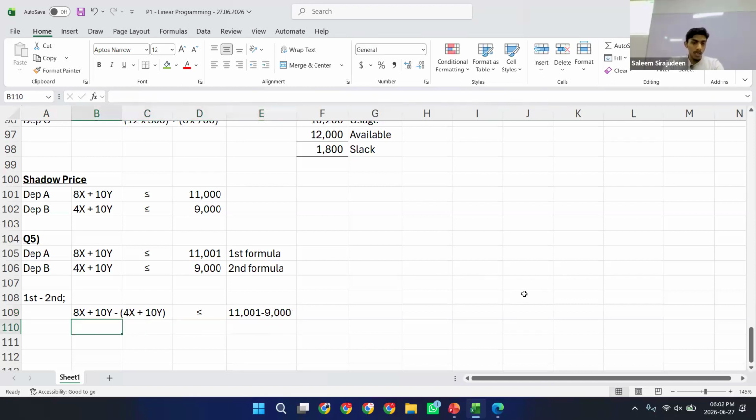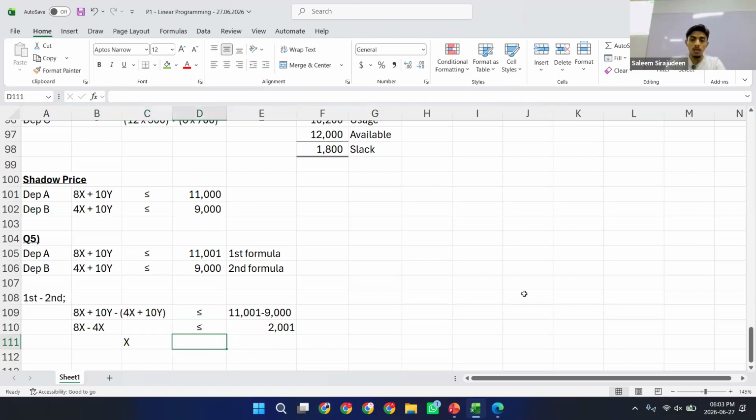Which means 8x minus 4x, equal or less than 2001. So 4x equals 2001.